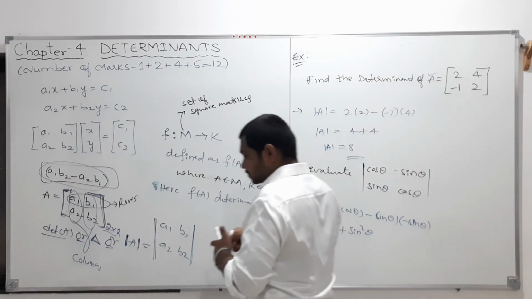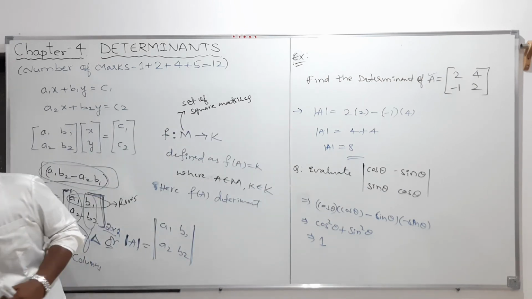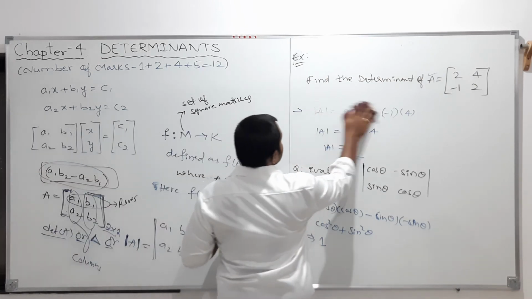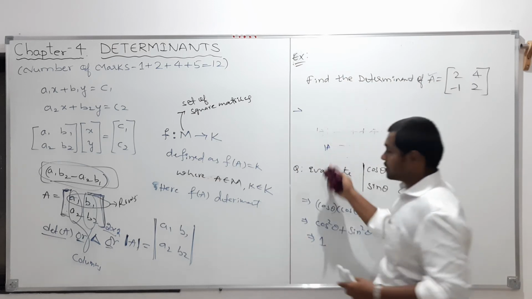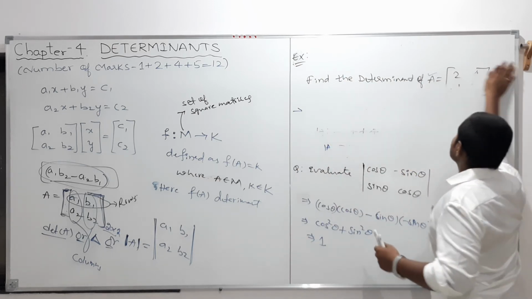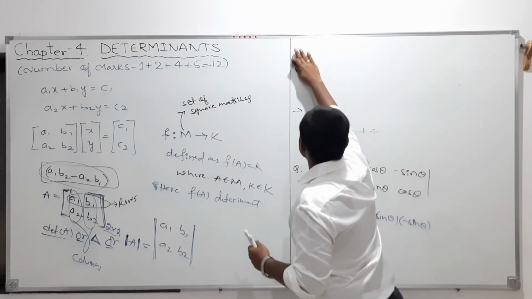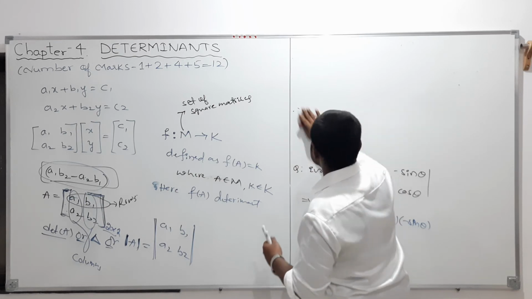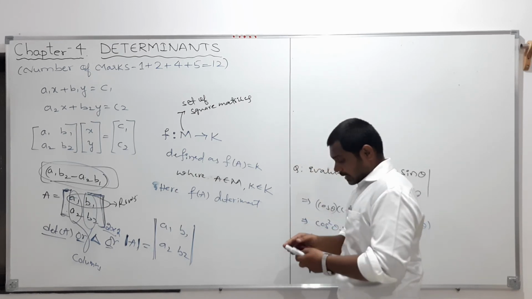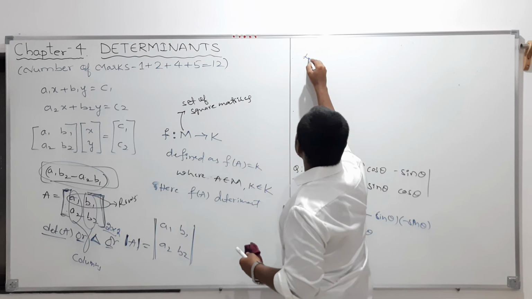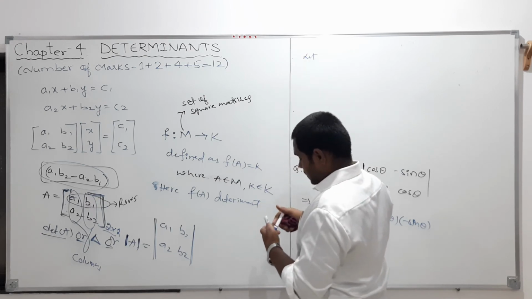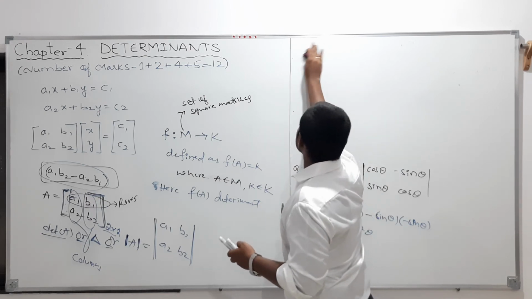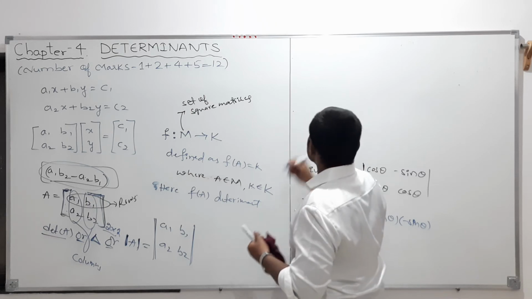So next my concept is, if the given matrix is of the order... first I erase this. Please pause the video to note it down. The next concept, you can take it as a note.